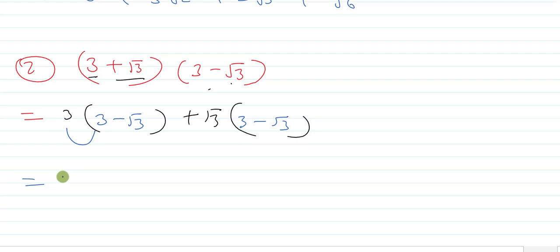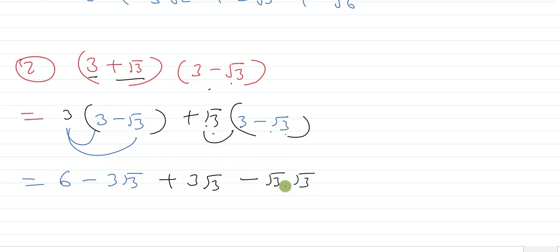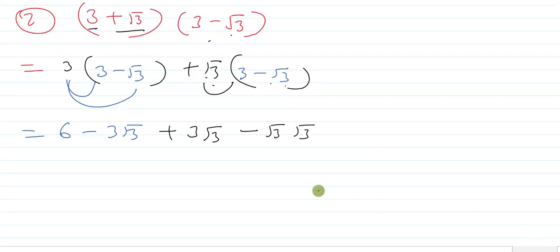3 into 3 is 6, minus 3 into root 3, 3 root 3, right? Plus root 3 into 3, this will be plus 3 root 3, right? Plus into minus is minus, root 3 into root 3. Now here you can observe, this is 6, this minus 3 root 3 plus 3 root 3 will get cancelled, because we know that a plus a minus a cancel, 0 is there.